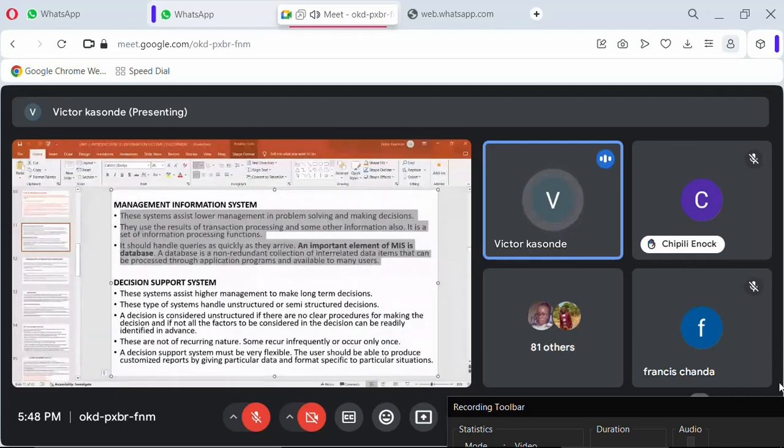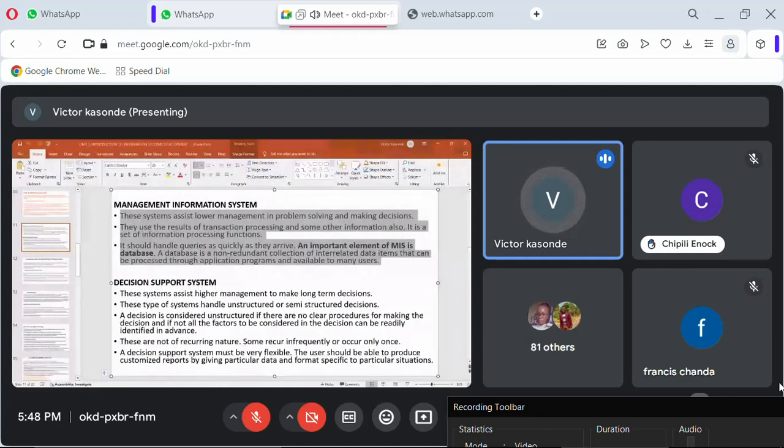For example, in the banking sector, if I give you the example of a bank, those people on the front end use what we call TPS. They carry out the transactions, and those transactions are recorded. Whatever they do, we can say they do TPS.